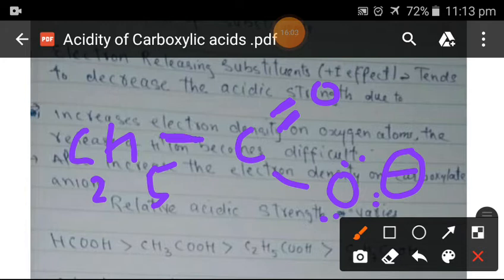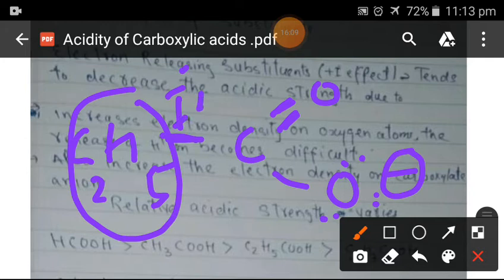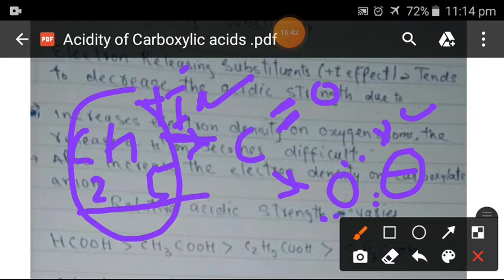C2H5 being an electron releasing substituent shows the plus I inductive effect, so it tends to release electron density towards this carbon atom, and then towards this oxygen, which already has a negative charge.